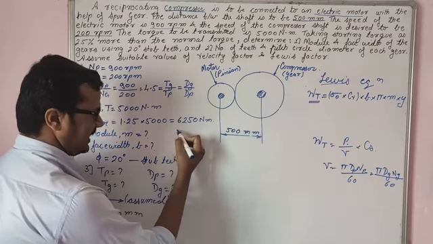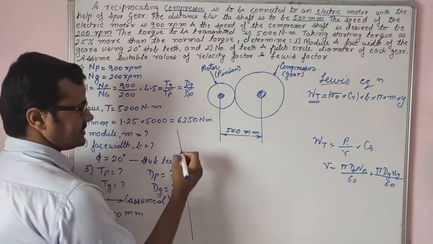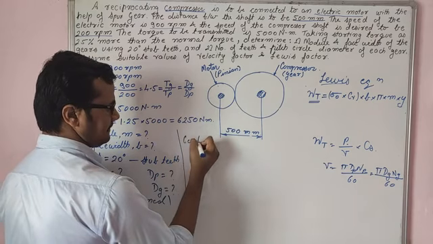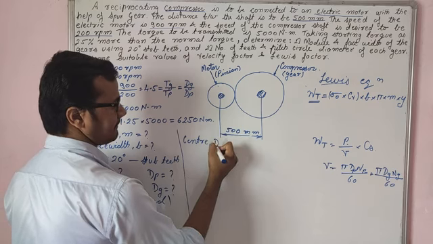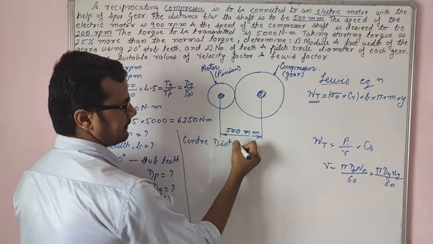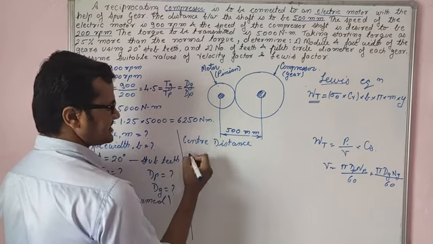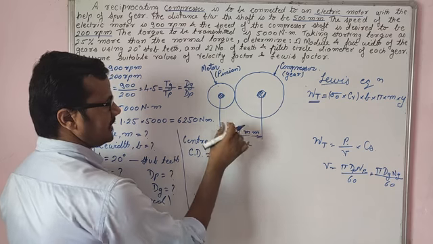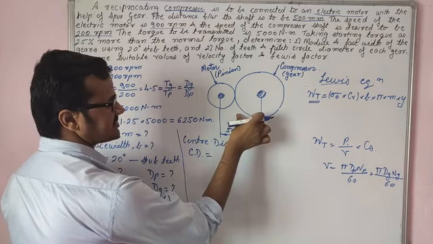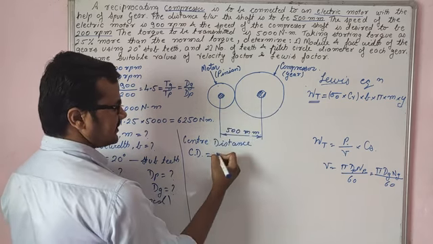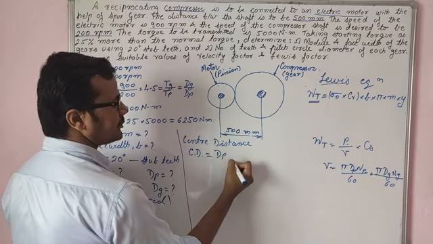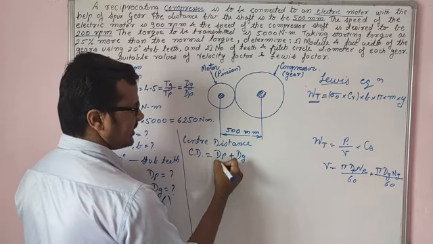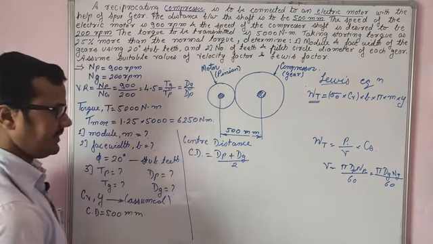center distance. Can I say that the center distance, say CD, is nothing but the radius of the pinion plus the radius of the gear? Radius of the pinion is nothing but diameter of the pinion by 2, plus diameter of the gear by 2, right?